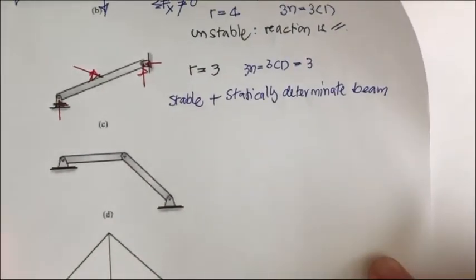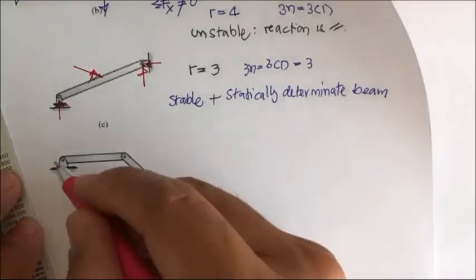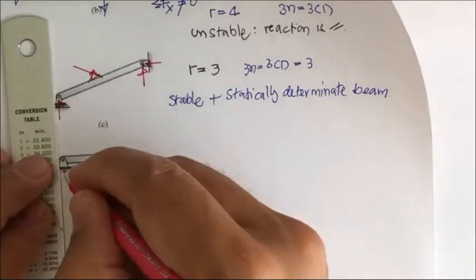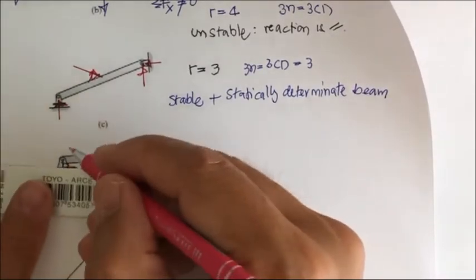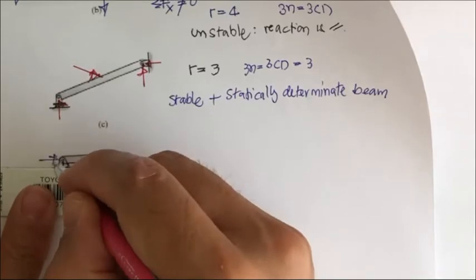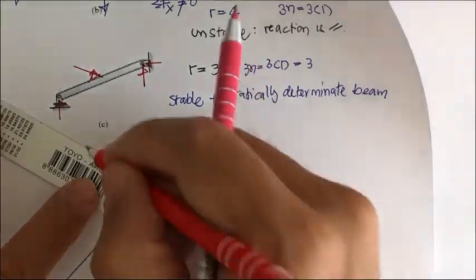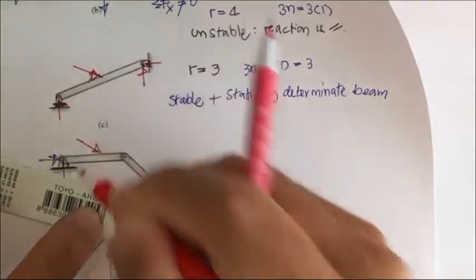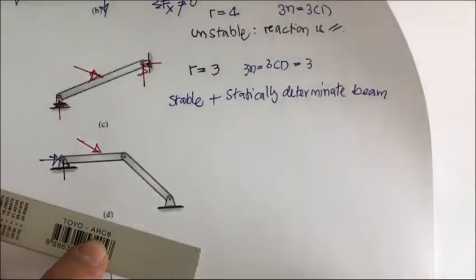Okay, next we consider the frame. Now our frame has the support pin here, so it's going to have the force reaction like this if this structure is subjected to the action force here.